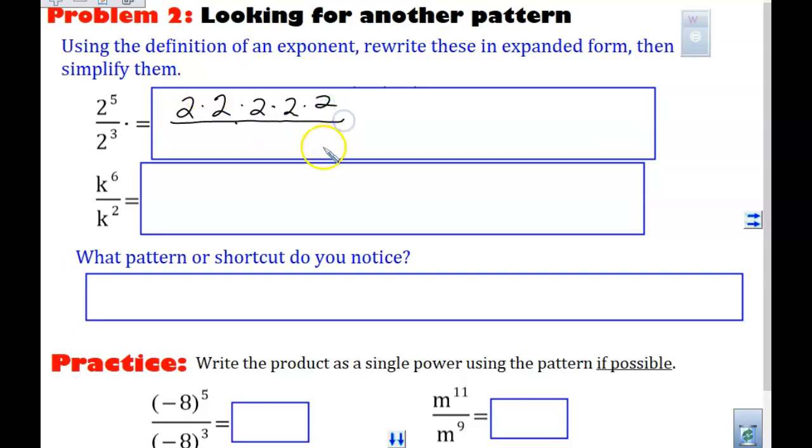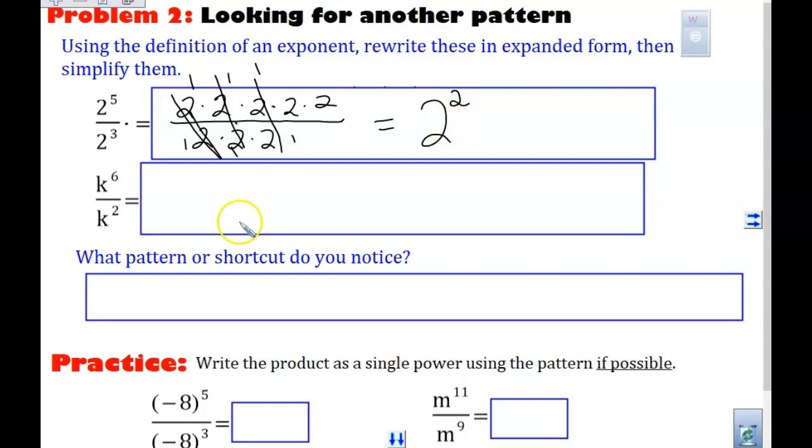In our denominator, Kaizen, I need how many 2's? 3 2's. And if I'm looking at this, Cameron, 2 divided by 2 is what? 1. So this simplifies to 1. Another 2 over 2 simplifies to 1. Another 2 over 2 simplifies to 1. And my answer is 2 to the 2nd.